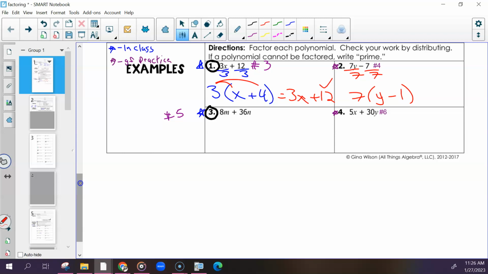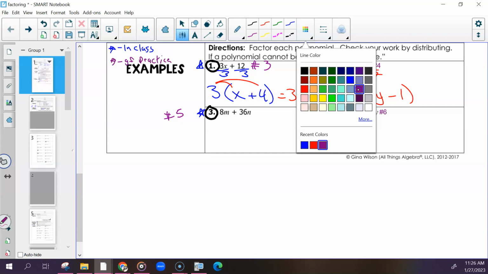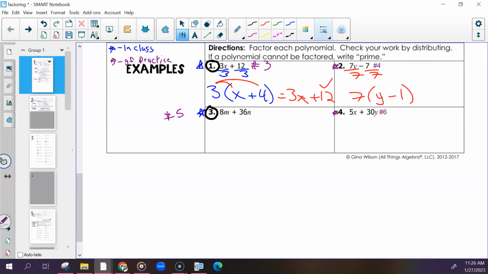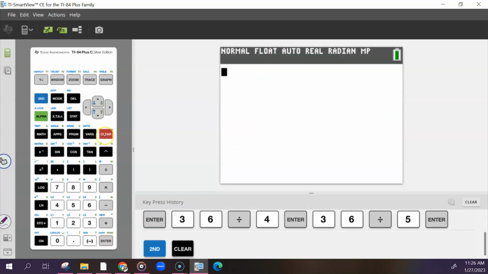For 3, you may know all the factors of 8 and 36. There's a lot, so you may not remember. So let's list those out. 8 we said was 1 and 8, 2 and 4, and 36. If you're not sure, you could do this, and I kind of did this already. Whatever number you get, start dividing.